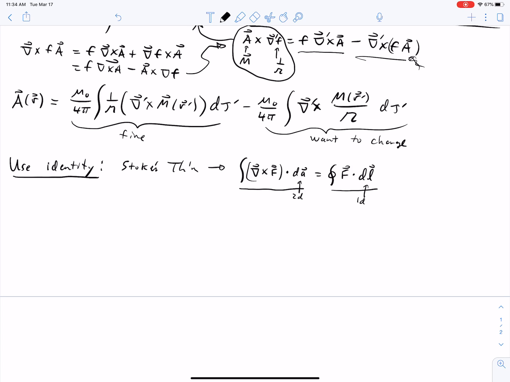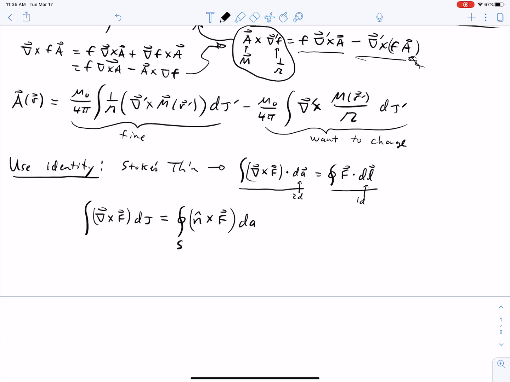So basically I'm going to generalize this, and say that if I have the curl of an arbitrary vector field, but now I integrate it over a volume, then I will assume that this is equal to the integral over the surface of that volume of n cross f over the surface dA.